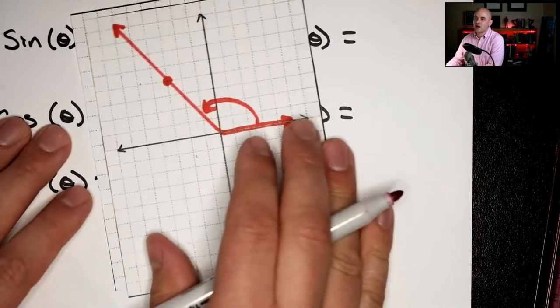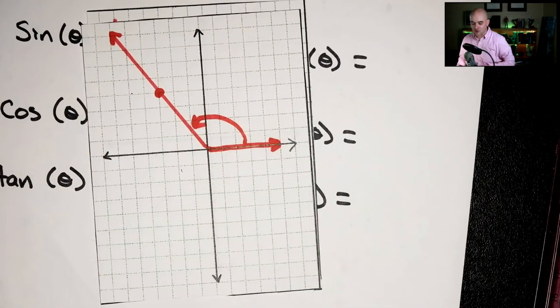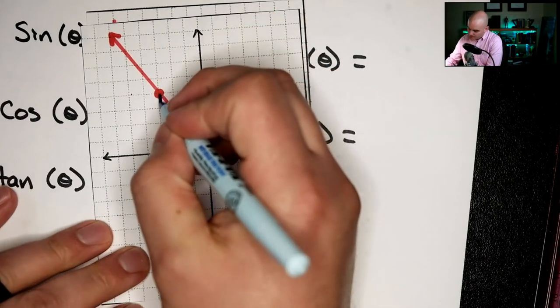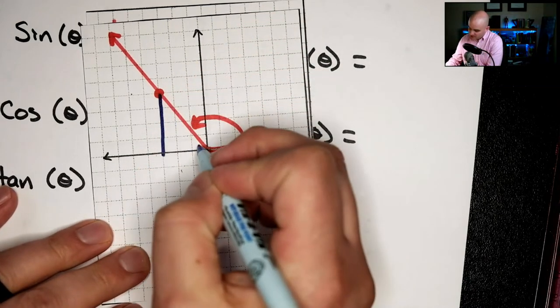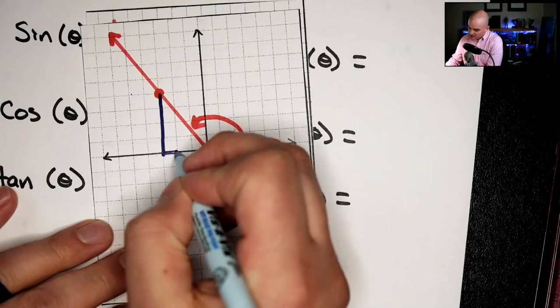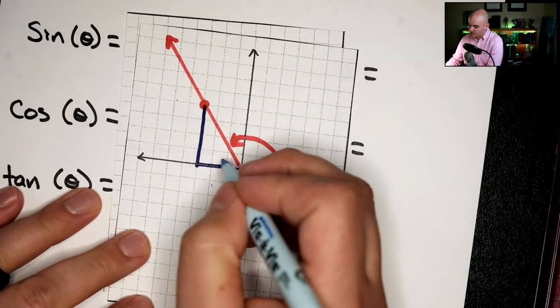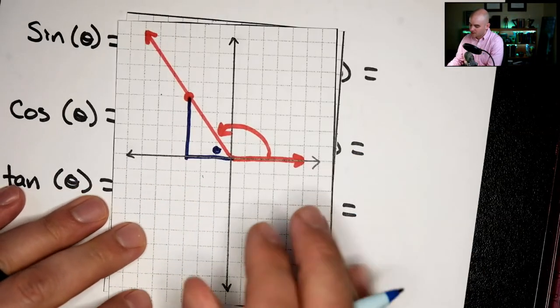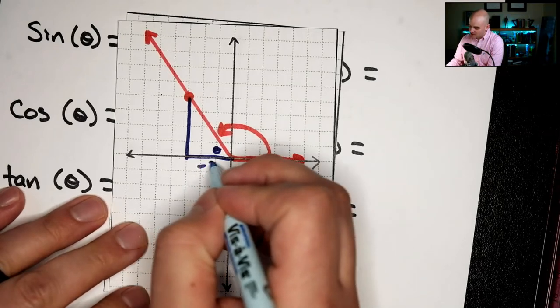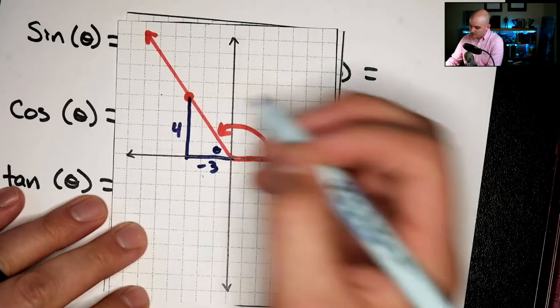So what I'm going to do is draw a right triangle right there on my reference angle. Remember, the reference angle is the angle formed by that terminal side and the x-axis, that's an acute angle. So this theta right here. Now I know that this side is -3 and this one is 4.